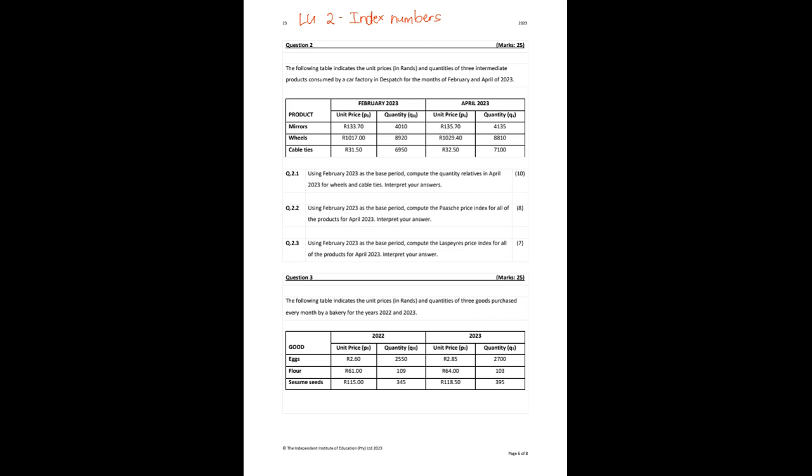So here you have, and remember, always when it comes to your index numbers, the earlier period is going to be your base period, the latter will be your current. Although they have actually said that to you in the values, I will also write it here that February is the earlier month, that would be the base period.